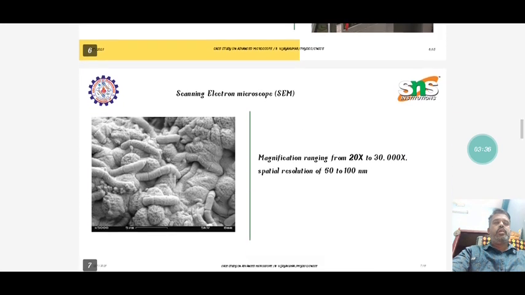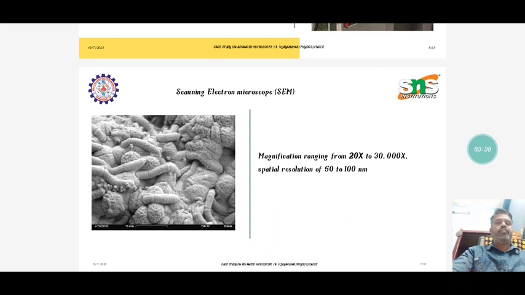The next one we discuss is SEM. SEM means scanning electron microscope. Here we use it only for research purposes. From this picture we know that only the surface and in-depth surface level modifications can be found using SEM.